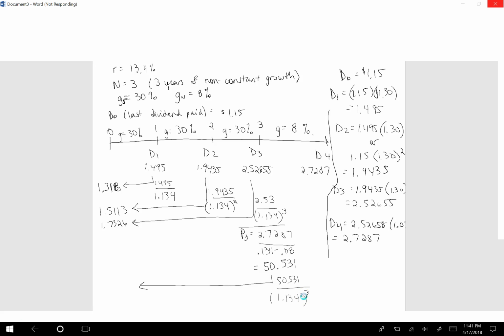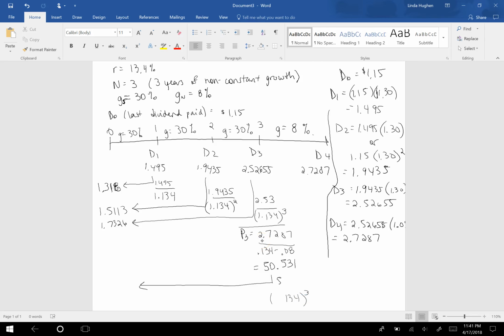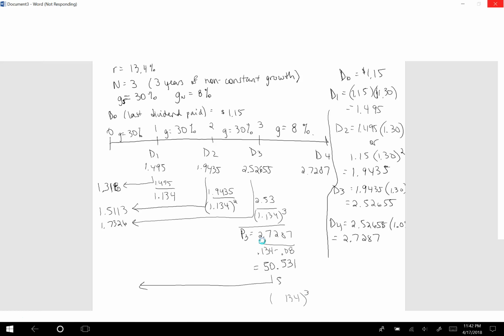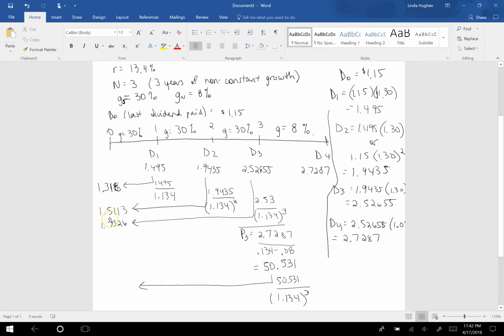The present value of this stock of 50.531 3 years from now is worth to us today $34.65. So I need to add, along with the present value of each of the first 3 dividends, the present value of this stock at year 3 once it becomes a constant growth stock.